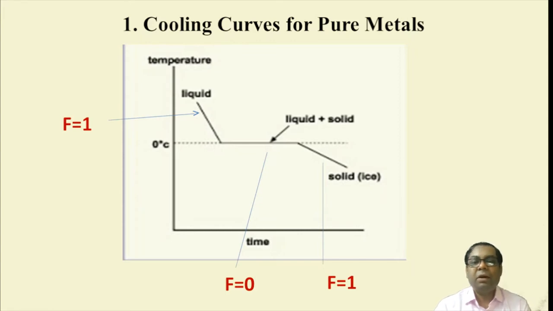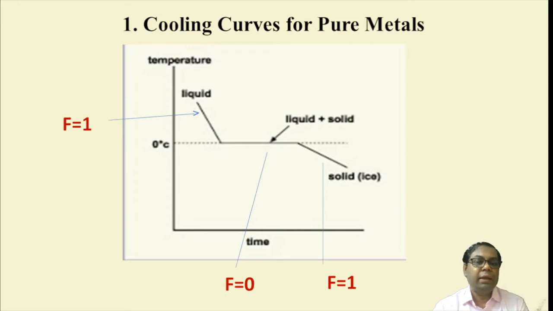On the other hand, we can reverse the curve in the same way. That is, for a solid material, in the case of ice over here, when we provide some amount of heat energy, it will start melting, that we know, only at 0 degree centigrade temperature.